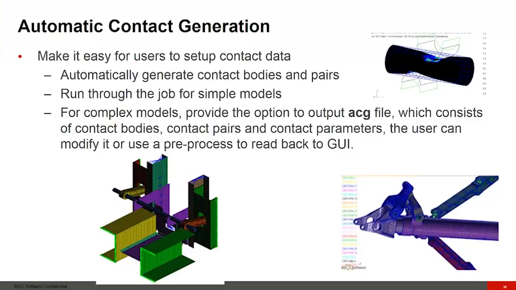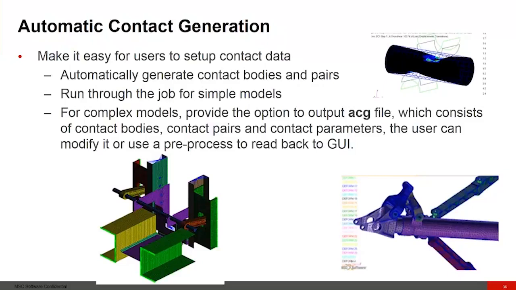And this will allow you to study the model, and for the more complicated models, you can use the HPG file that is created. This file consists of contact bodies, contact pairs, contact parameters, and this can be easily read into a preprocessor for further studies and advancements of the contact analysis.